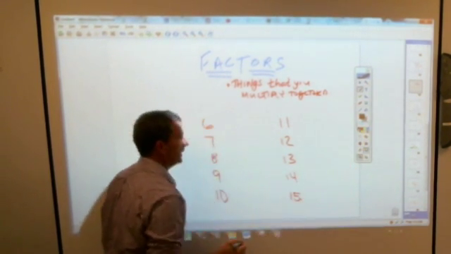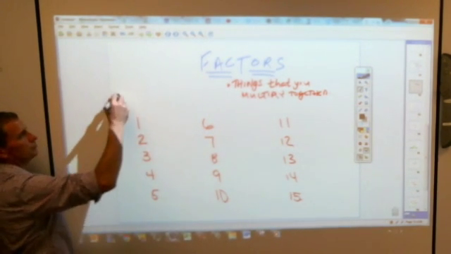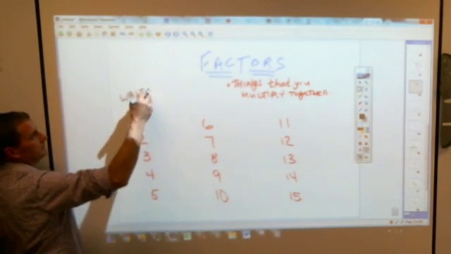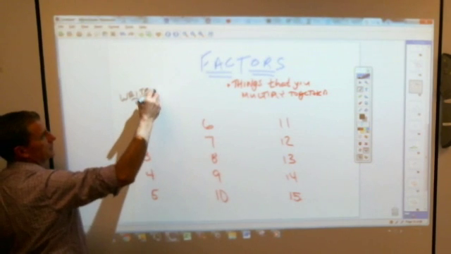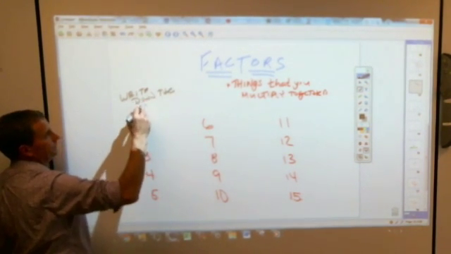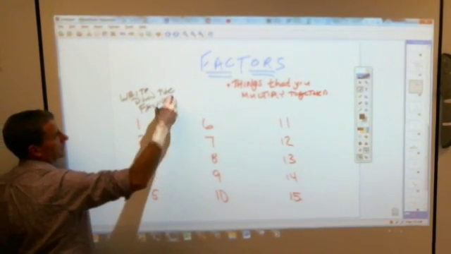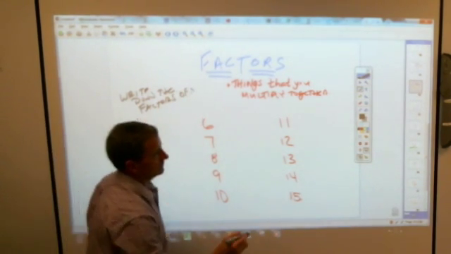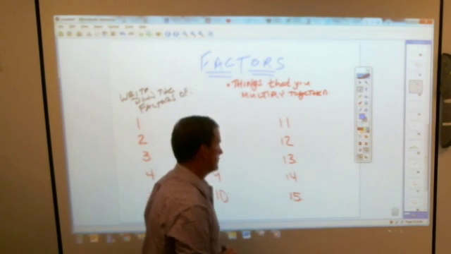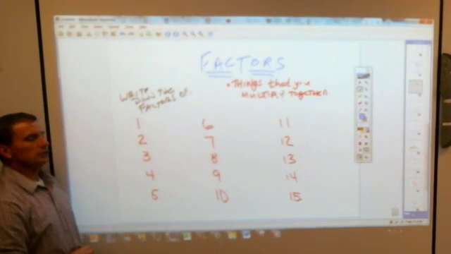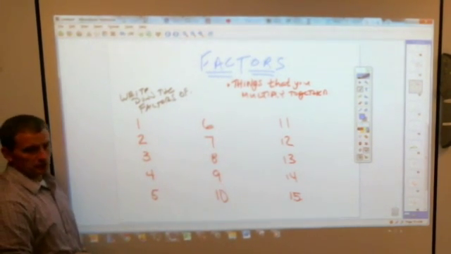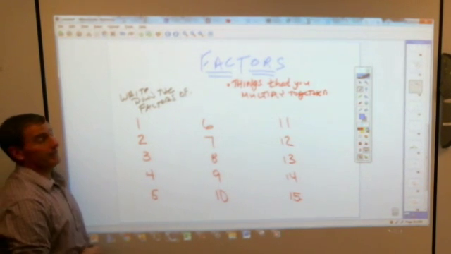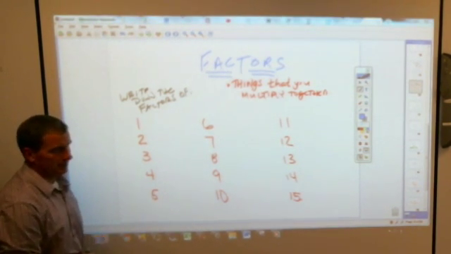And I'm going to say, write down the factors of each. In other words, when you're looking for factors of these numbers, you're just saying to yourself, what numbers could I multiply together to give me that number?